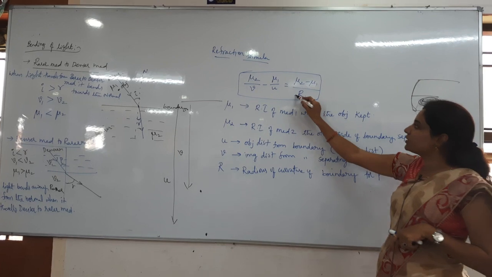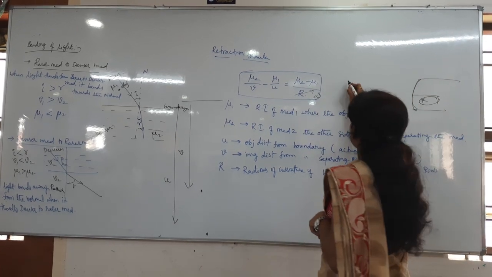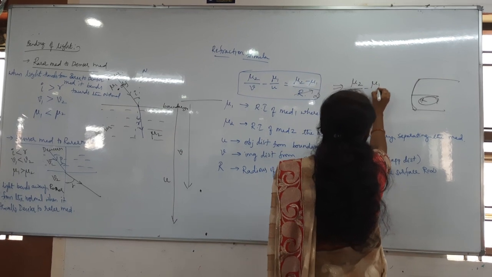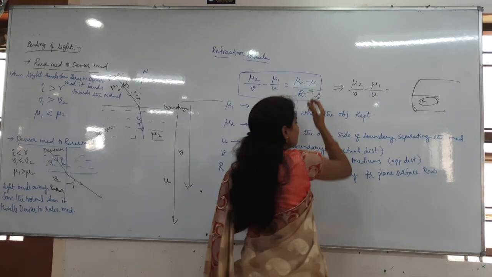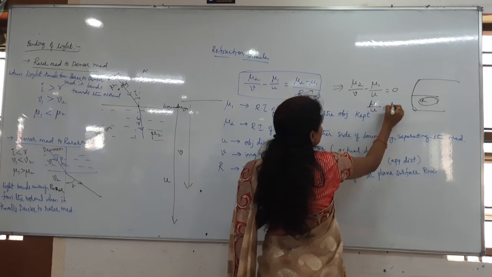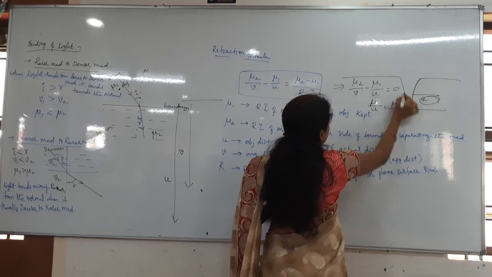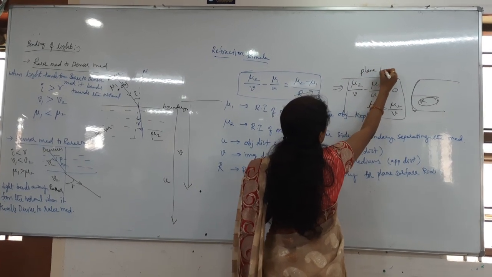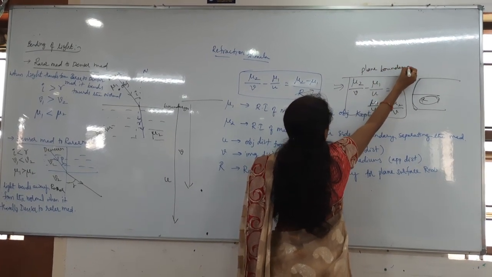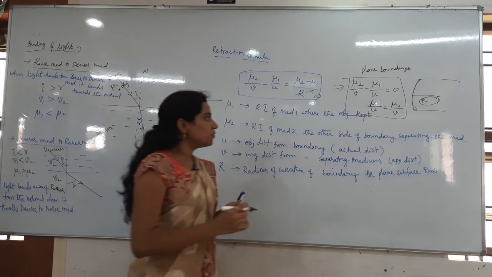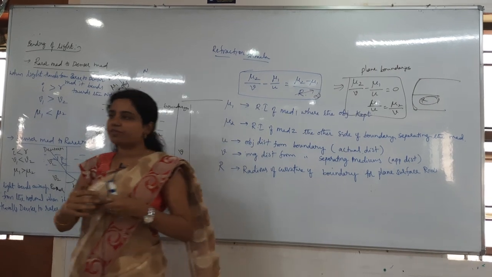For a plane surface, r is infinity, so something by infinity is how much? 0. Then I can simply write mu1 by u equals mu2 by v. This is for the plane surfaces. Write that: for the plane boundaries, mu1 by u equals mu2 by v.